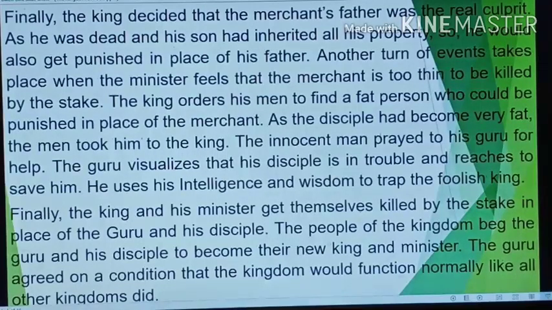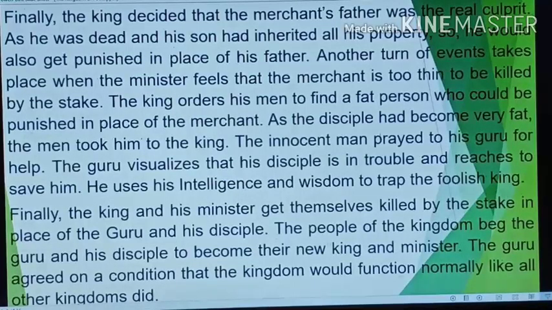Finally, the king and his minister get themselves killed by the stake in place of the guru and his disciple. The people of the kingdom begged the guru and his disciple to become their new king and minister. The Guru agreed on a condition that the kingdom would function normally like other kingdoms did.